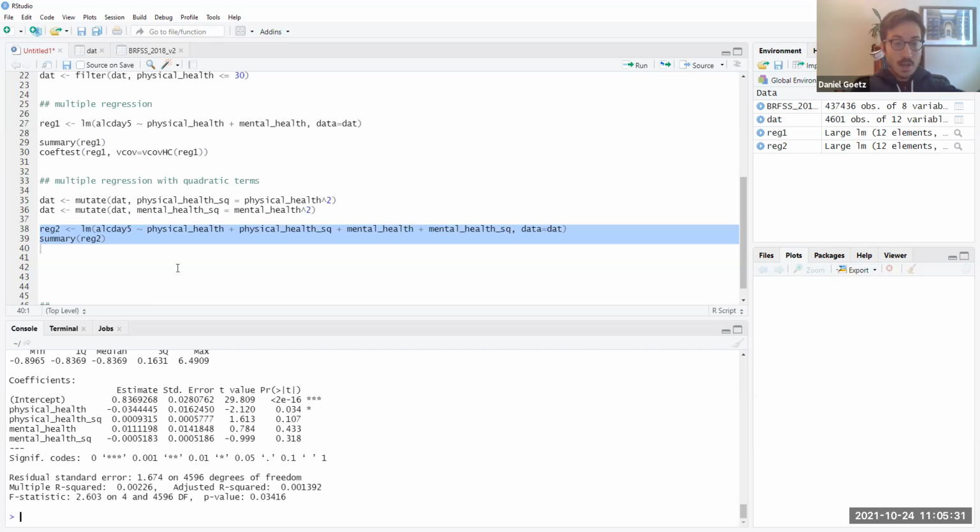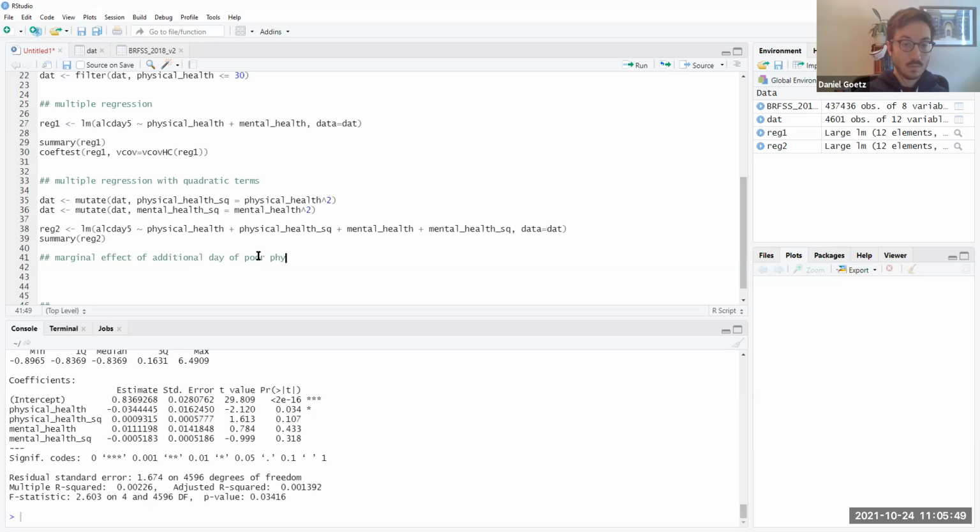So good. When we want to compute the marginal effect of an additional day of poor physical health on the consumption of alcohol, we can just read off the coefficients. It's going to be negative 0.034 plus 0.0009 times 2 times physical health, right?